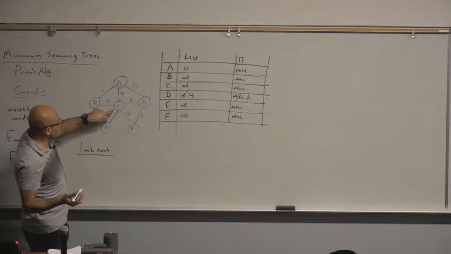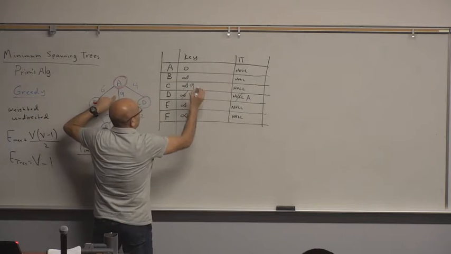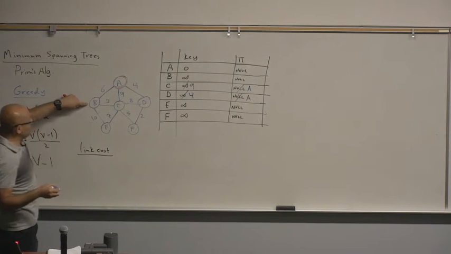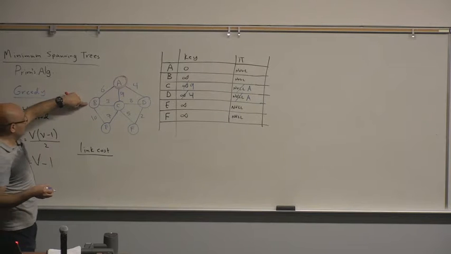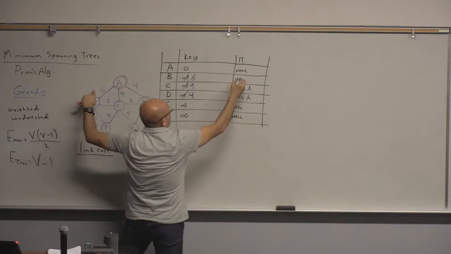And we can link C to the network with a cost of 9. And again, the parent is going to be A. And we can link B to the network with a cost of 6. And the parent is going to be A.